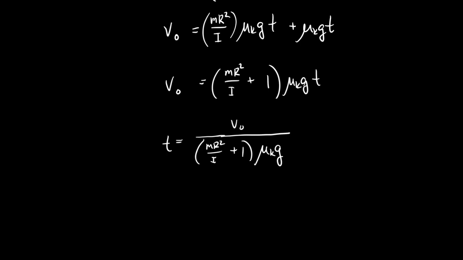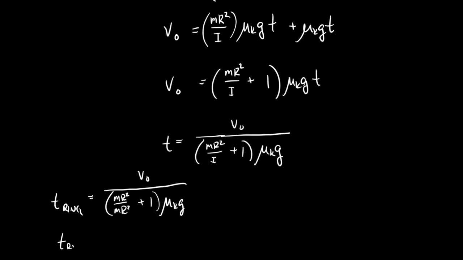The ring. So T for the ring equals V naught over mr squared divided by mr squared plus 1 mu k g. So T for the ring is V naught over 2 mu k g.